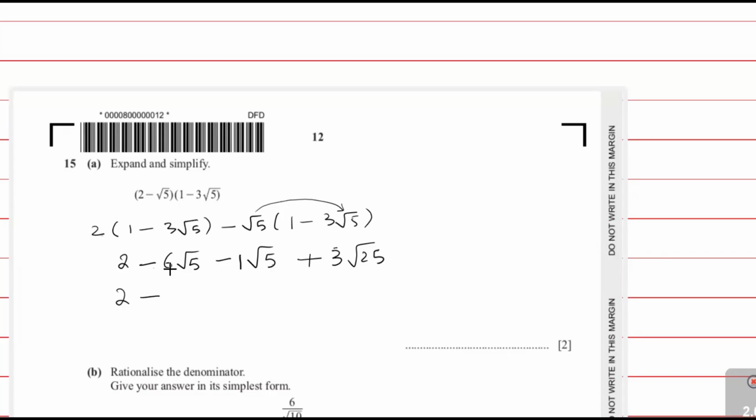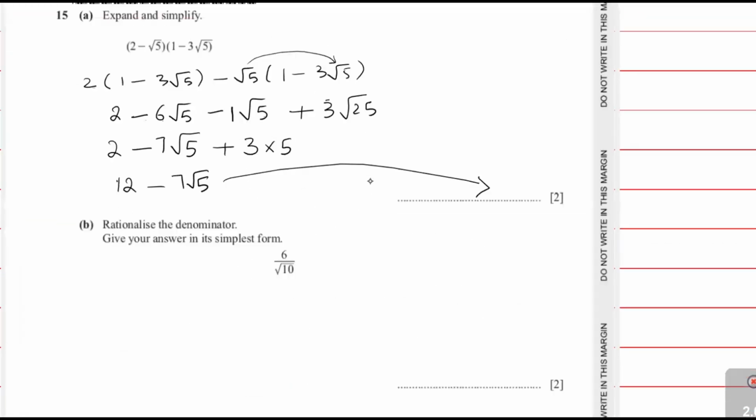We will add this: minus 6 minus 1 is minus 7, and it becomes minus 7 square root 5, and plus 3 square root 25 is 3 into 5, and 2 minus 15 equal to 12 minus 7 square root 5. And this is the expansion and simplification of question number 15.